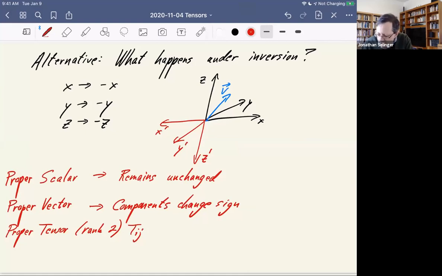So the components will be unchanged. In general, if you have anything with an even rank, the components do not change.